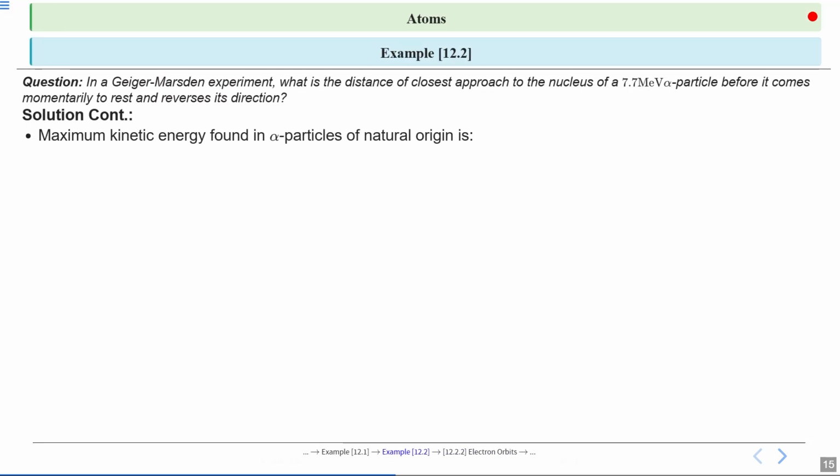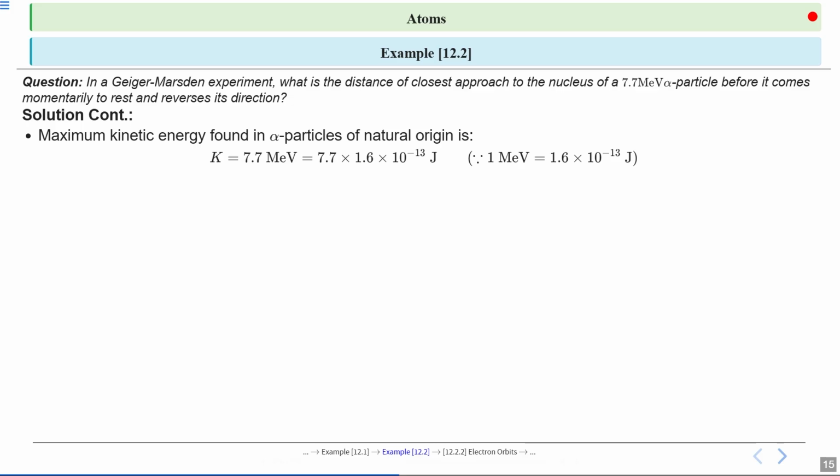So let's talk about the kinetic energy of the alpha particle. The maximum kinetic energy for a naturally occurring alpha particle is about 7.7 mega electron volt. Kinetic energy is the energy an object has because of its motion, and here it's measured in mega electron volts. Let's convert that energy into joules, since SI units are standard in physics. 1 mega electron volt is 1.6 times 10 to the power minus 13 joules.